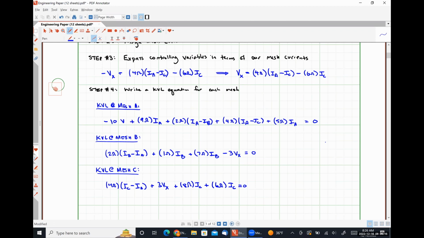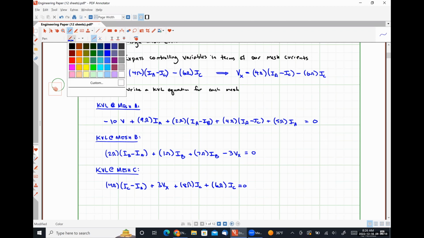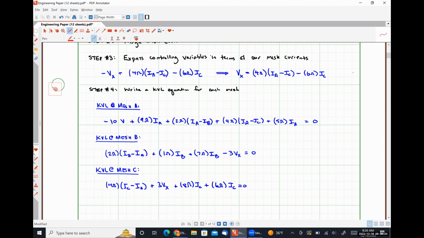So what Kevin has noticed, let me write some things down here, is that this equation right here and this equation right here only contain IA, IC, and Vx, but there isn't a third equation that only contains them.